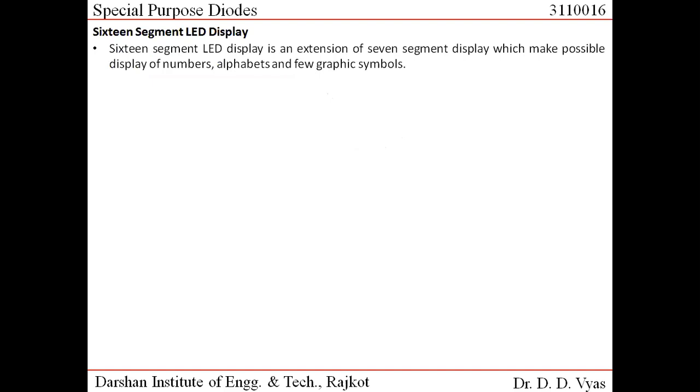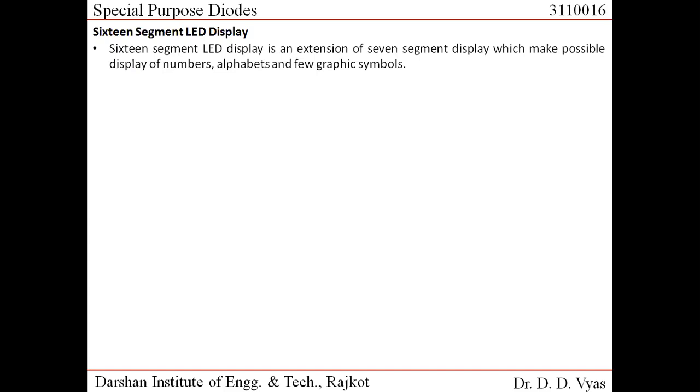The 16-segment display is a natural extension of the 7-segment display. The limitation of the 7-segment display was that it was possible to only display digits from 0 to 9. However, the 16-segment display helps us to display not only the numbers but alphabets as well as a few graphic symbols.